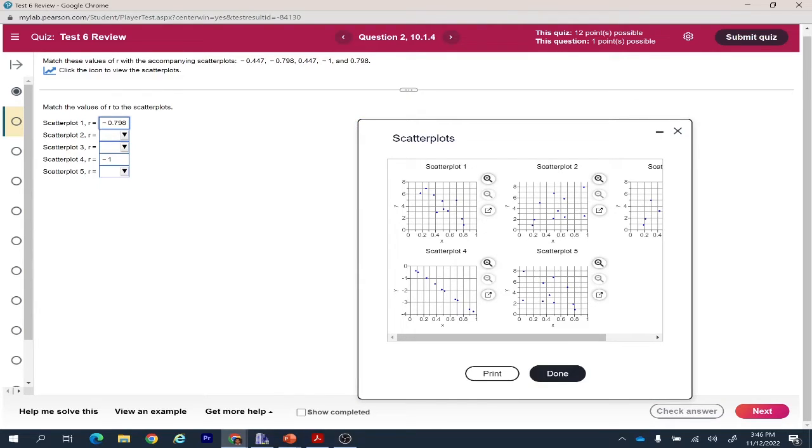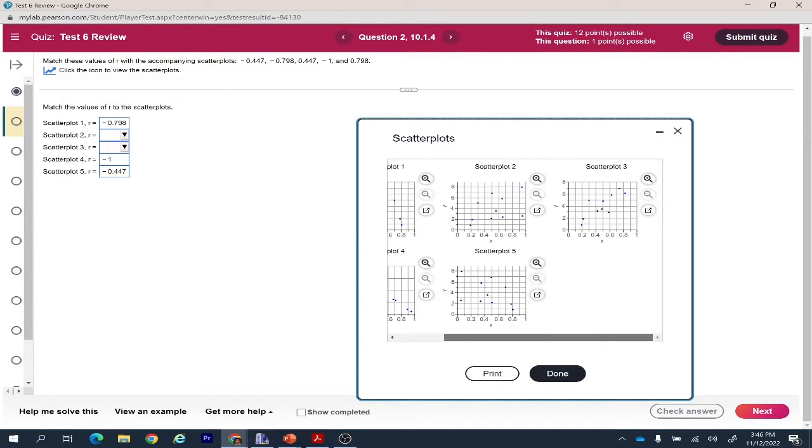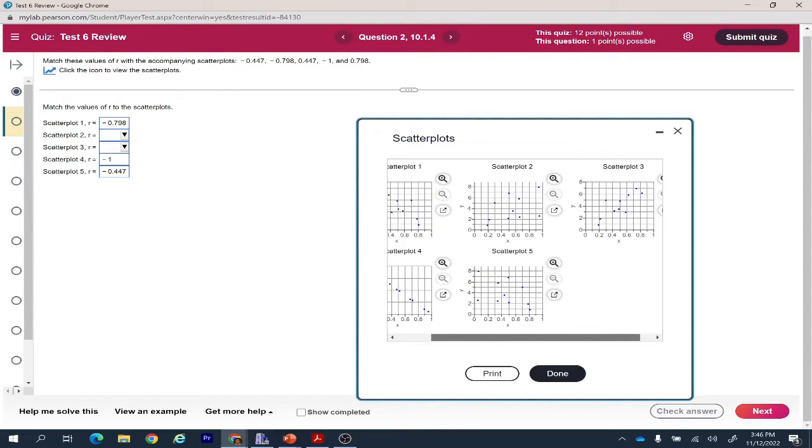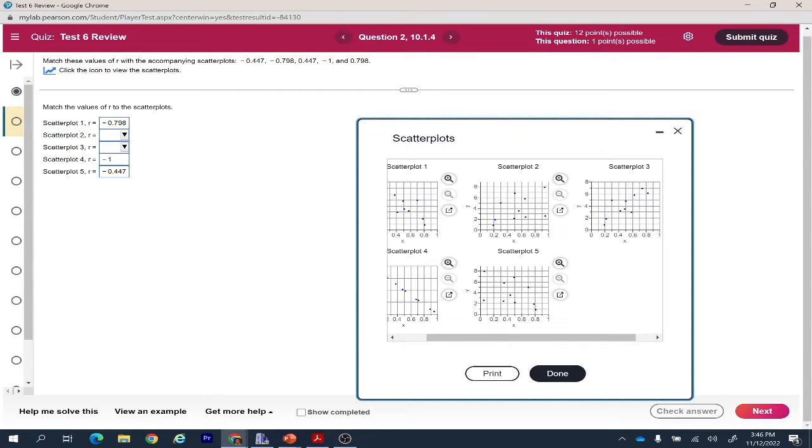And for the fifth one, it is also negative, so the leftover negative is -0.4. Now we have two leftover, and both of them are positive: 0.4 and 0.7. So look at scatter plot number 2 and 3.